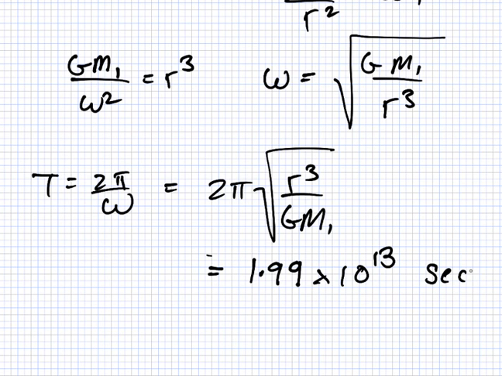Now there is another formula you can use which we did in class, but it's not in the formula book. Which one? I want the one with just the m in it.